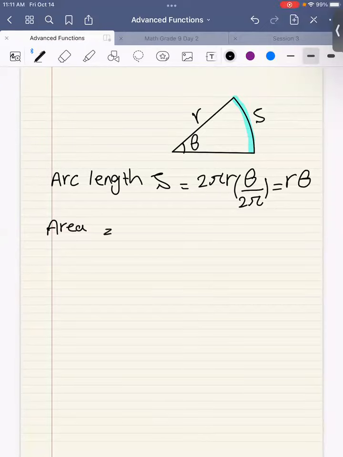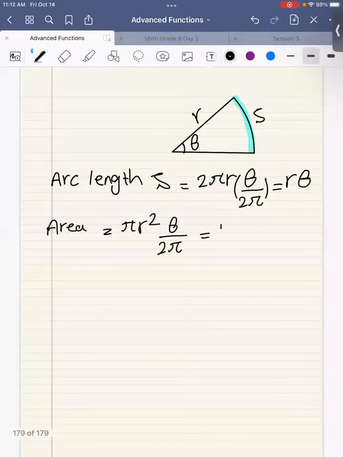The area of the whole circle is pi r squared. But again here, we have only this slice. So you have to multiply it by theta over 2 pi, which is equal to 1/2 of, as you said, Alan, 1/2 of theta times r squared.